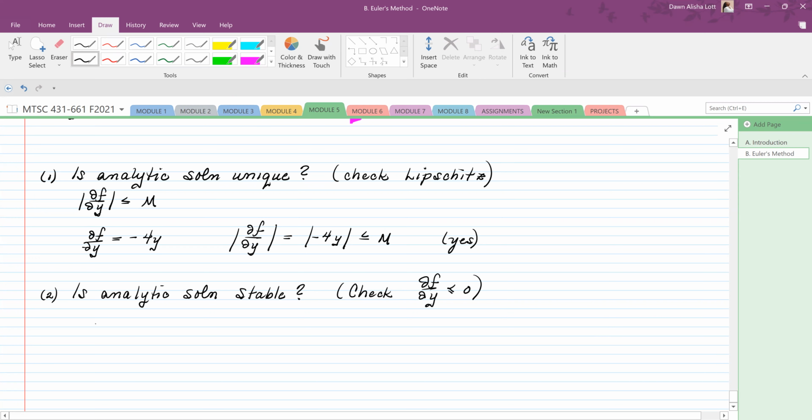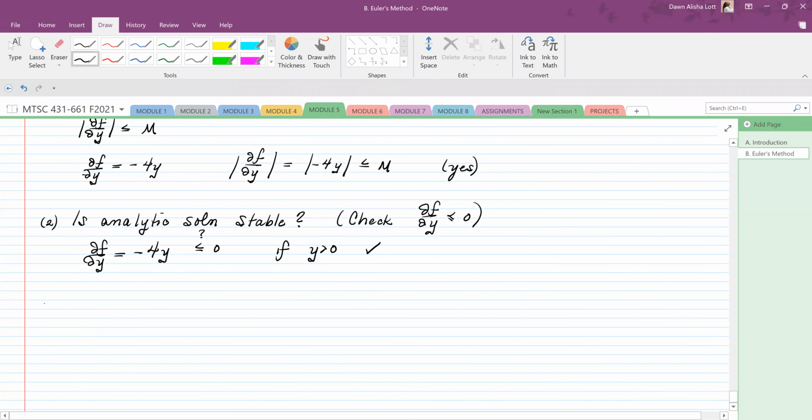We get the partial of f with respect to y is equal to negative 4y. Is that less than or equal to 0? Well, y is greater than 0, which it is, so that checks. All right, so therefore we can go on and solve the problem.